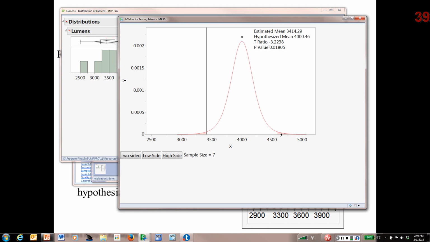Again, this is a two-tailed test, so we calculate area under the tail, equivalent areas on the left-hand side and the right-hand side, because under the alternative, I have not specified the mean to be less than 3,500 or greater. Well, using statistical convention, the p-value is less than 0.05. I reject.